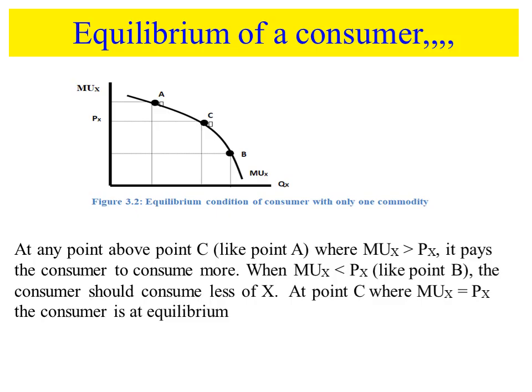If your expenditure is 100 and your marginal utility is 90, you have to consume less, because this is negative. Your expenditure is more than your marginal utility, so you have to compare this.